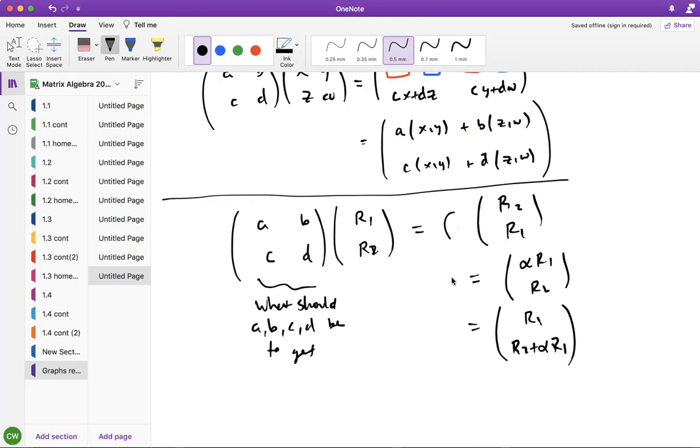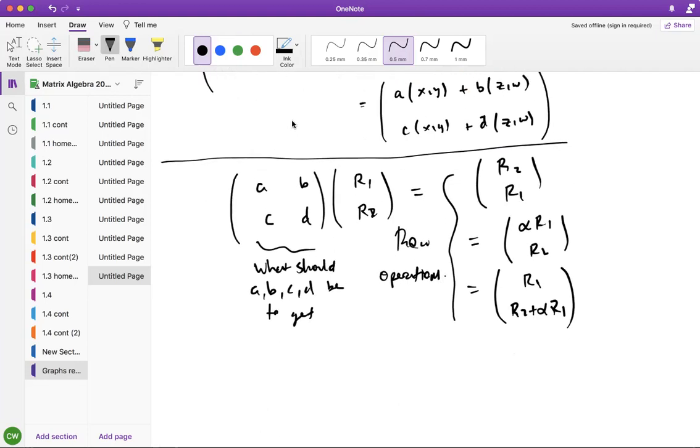Right, these are the row operations. It turns out that they're pretty simple, but we'll do this for the next class. So these are, again, row swap, multiply a row by a constant, and multiply a constant times a row and add it to another row.